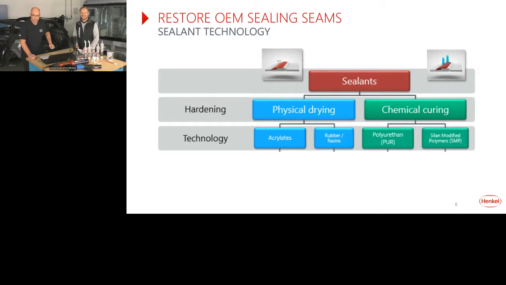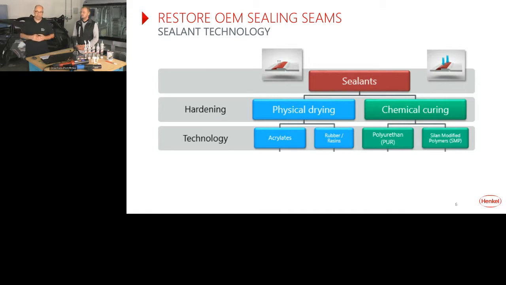As usual, we have two different systems to harden our product. One is the blue one, the physical drying system. And on the other side, we have the green colored one, the chemical curing system. It's totally different. When it comes to hardening the product, we talk about drying, meaning an evaporation process. Something is disappearing, mostly liquid.